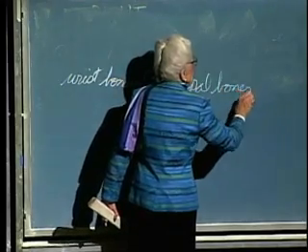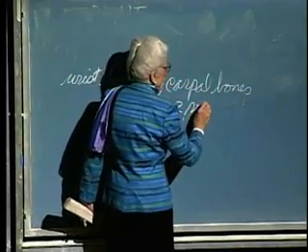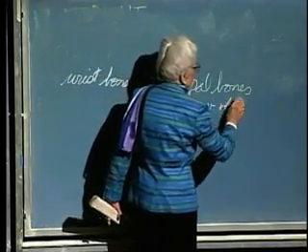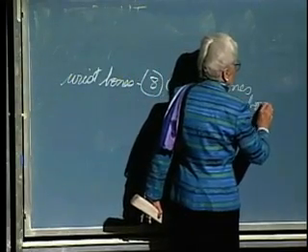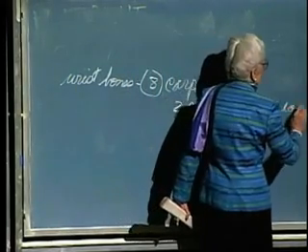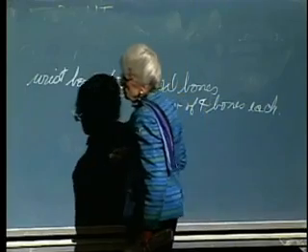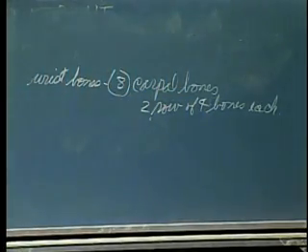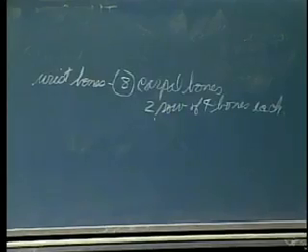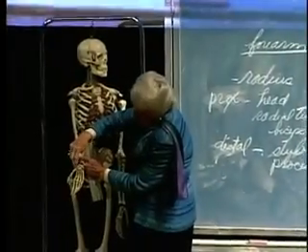So they're 2 rows of 4 bones each. You'll get those in your advanced anatomy. I'm not going to take the time for them, but you can see them very clearly here. Little bones down here at the wrist.